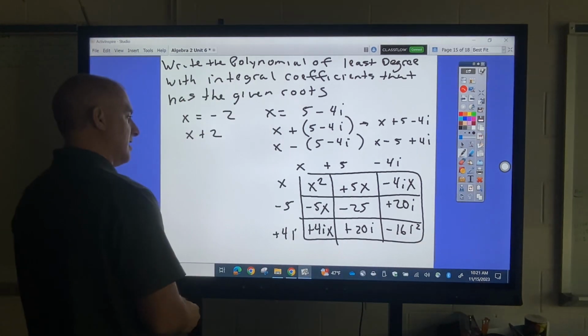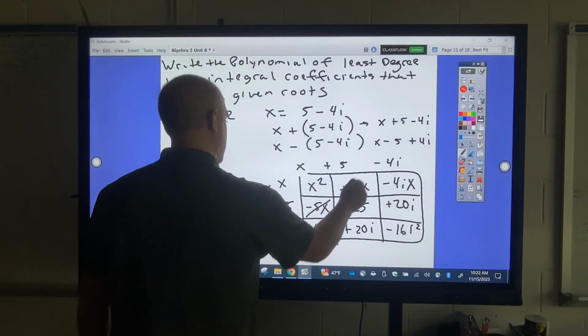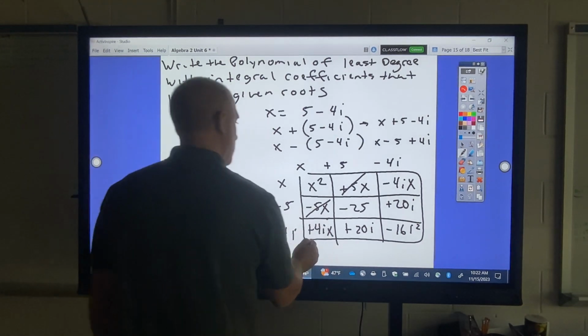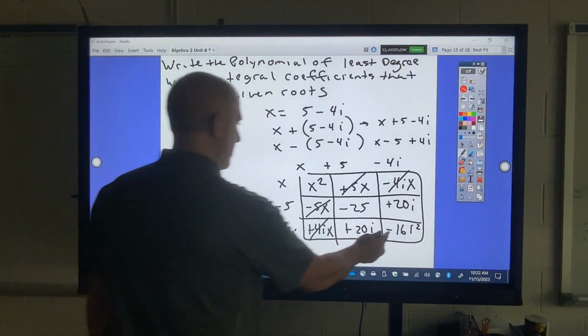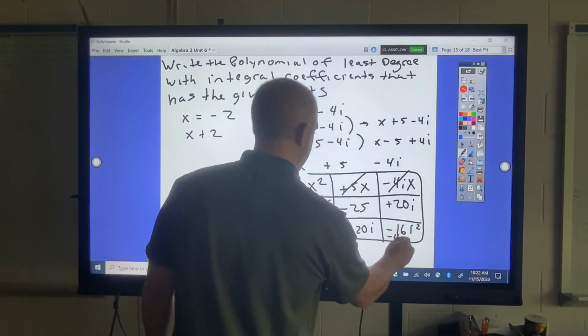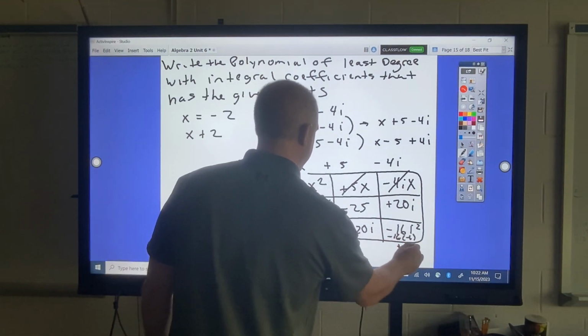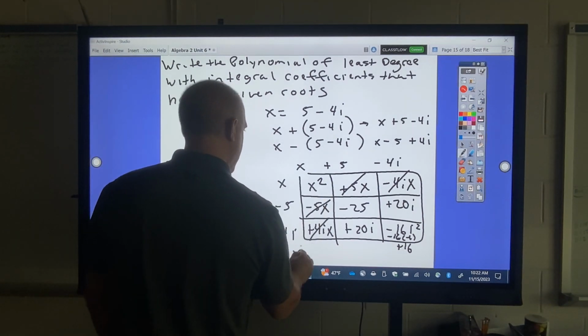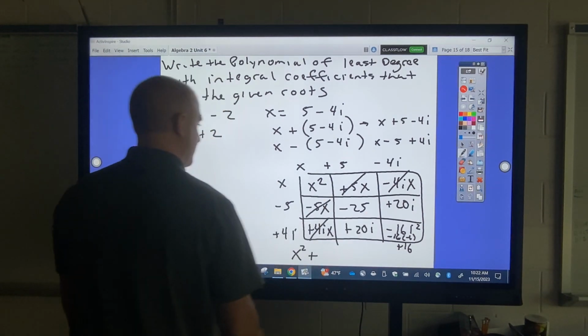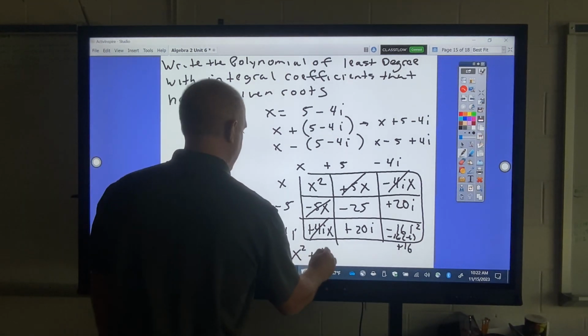Now, some of these are going to cancel out. Gone, gone, gone, gone. This would be negative 16, negative 1, so it's going to be positive 16. So what I get out of this whole thing is x squared plus 40i.